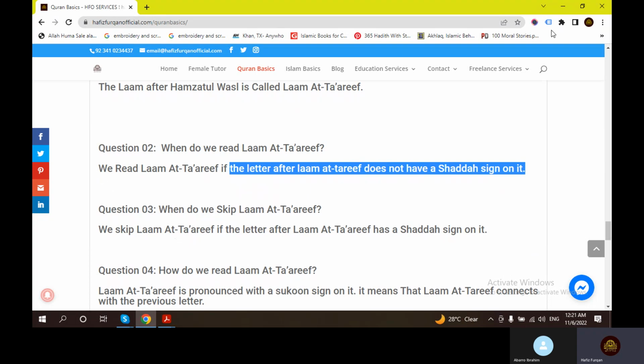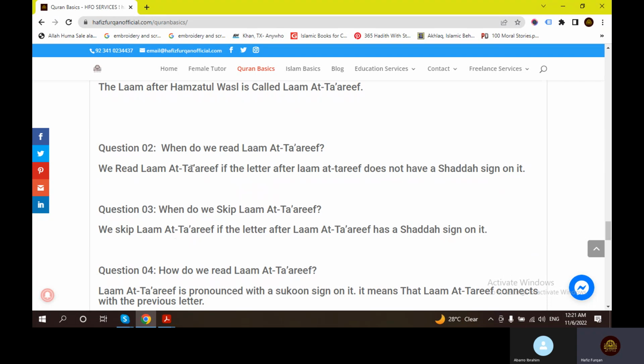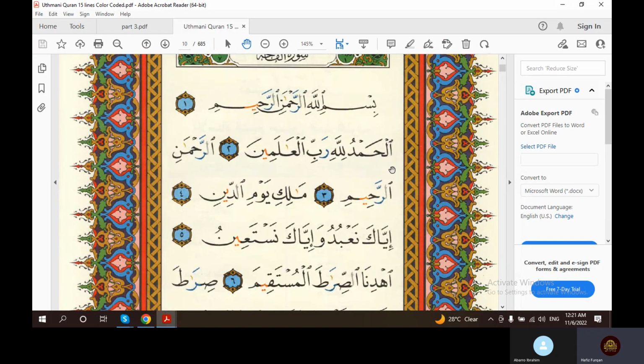Do you get it? I'm telling you, we read lam at-tarif if the letter after lam at-tarif does not have the shadda on it. Like for example, this is lam at-tarif, right? You have to check the letter after lam at-tarif. Check the ha.